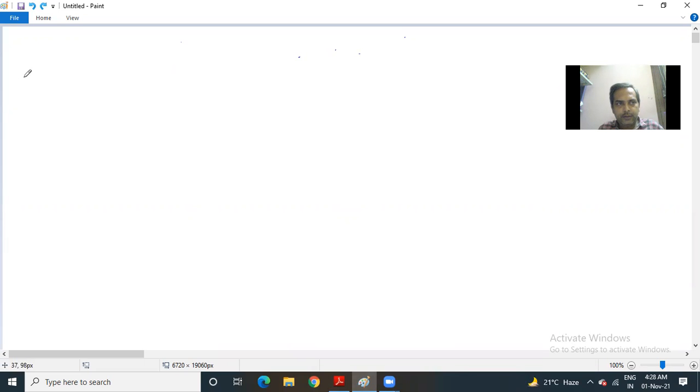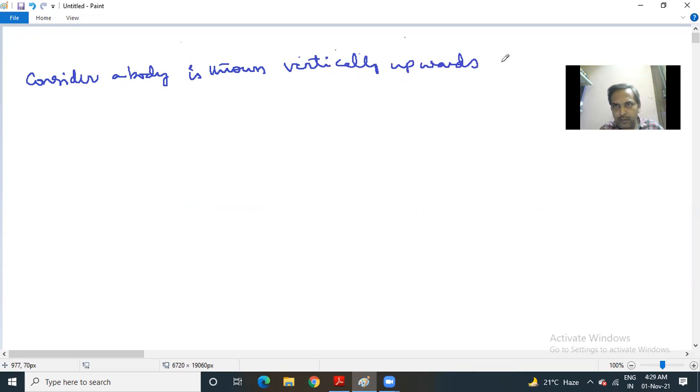Okay, so consider a body projected or thrown vertically upwards with the initial velocity u.